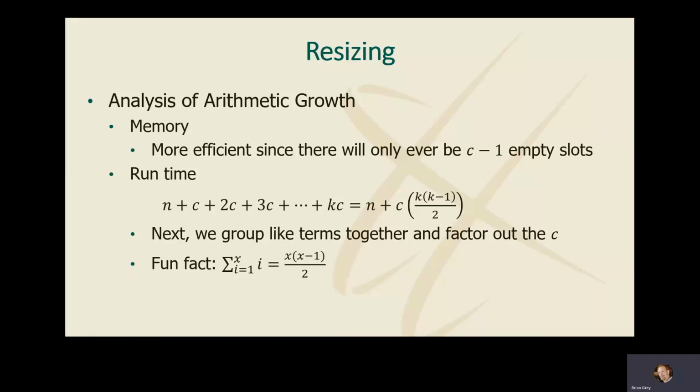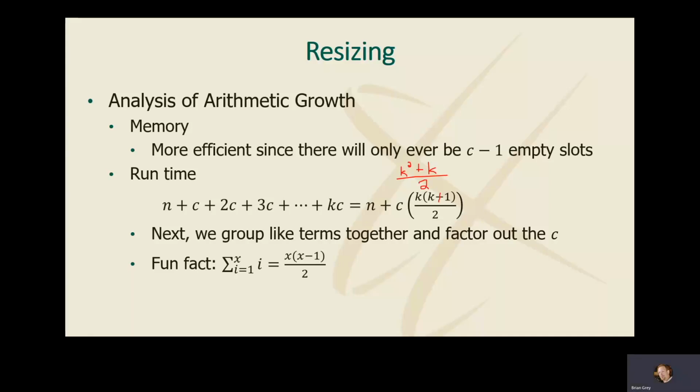So we're going up to K. So we're going to have this. We need to expand this out though. So this is going to become K squared plus K over 2.